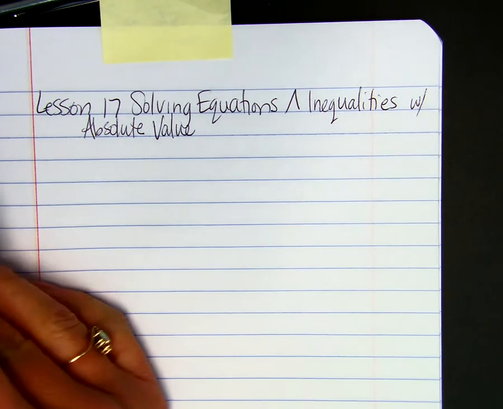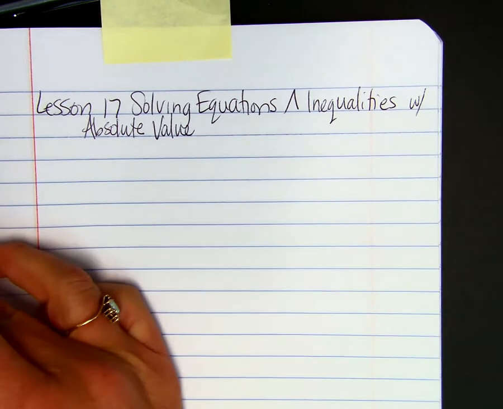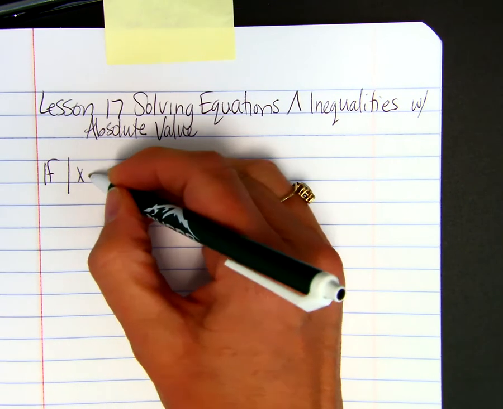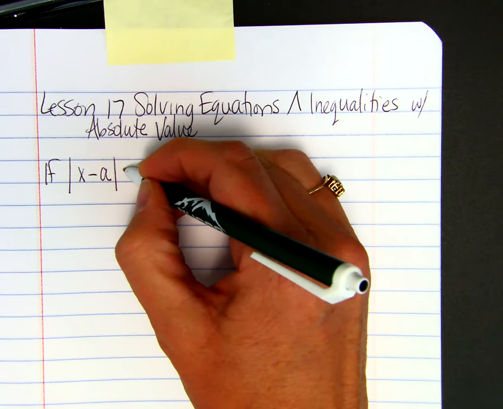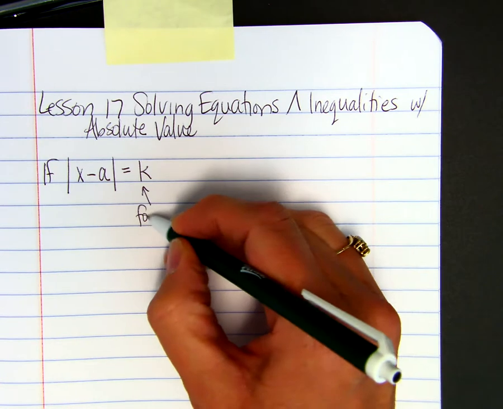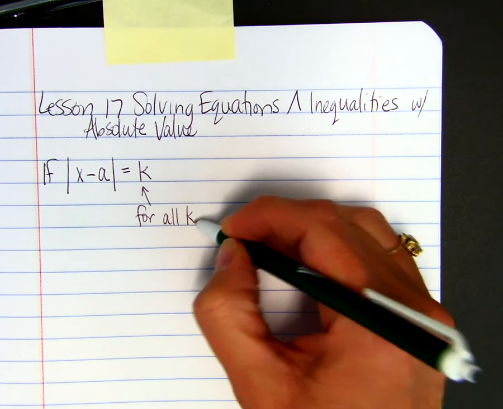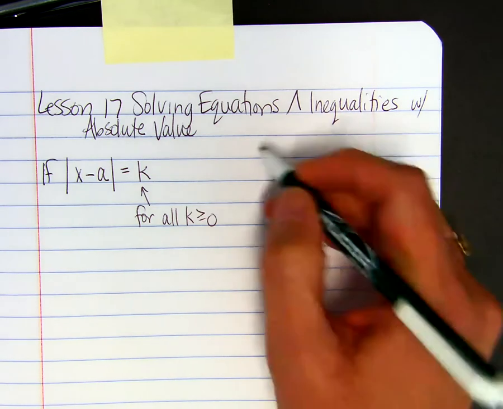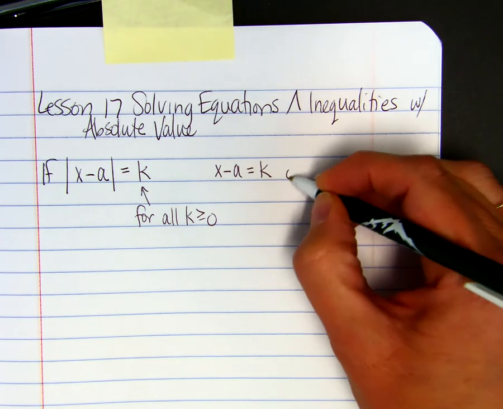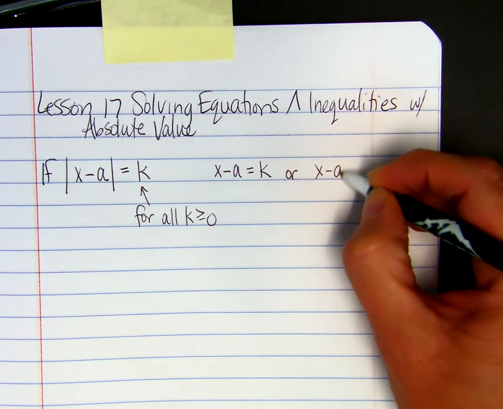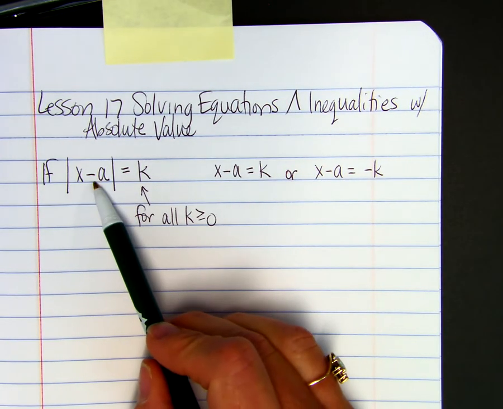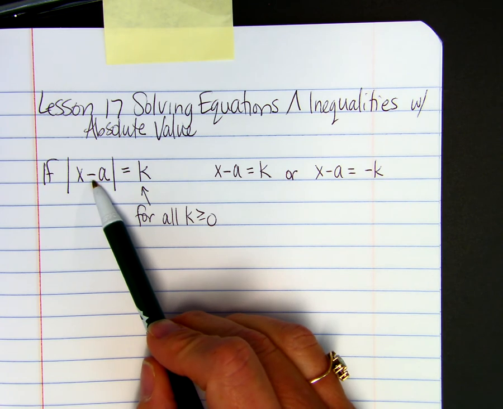Okay, so if the absolute value of x minus a equals k, and of course k has to be greater than or equal to 0 because it's absolute value, then x minus a can equal k, or x minus a can equal negative k.